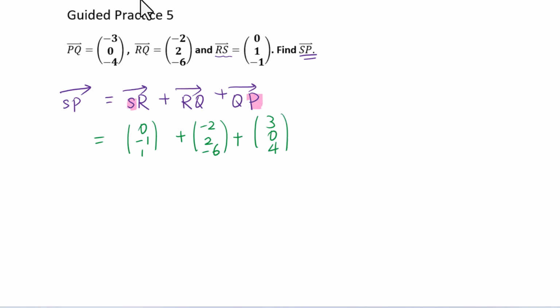Then we adding this together. 0 minus 2 plus 3 is 1. Negative 1 plus 2 plus 0 is 1. 1 plus negative 6 plus 4 is negative 1. So vector SP equals 1, 1, negative 1.